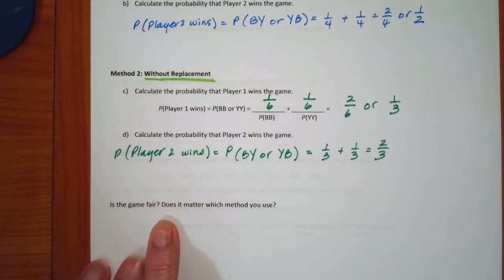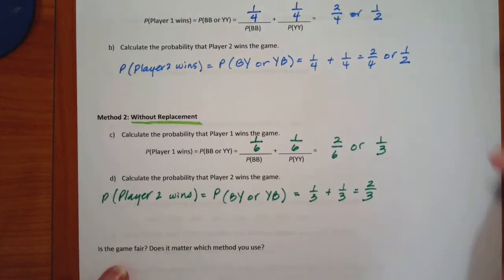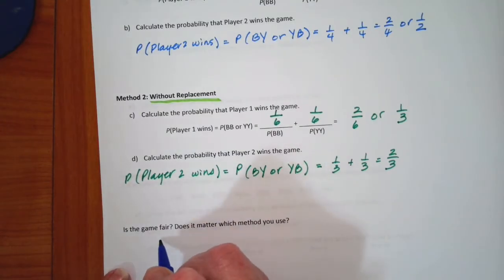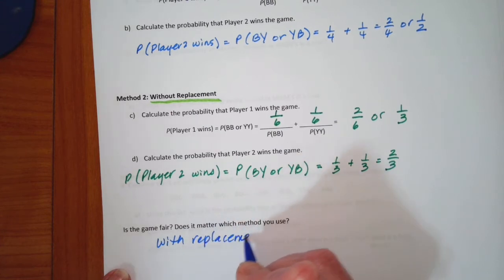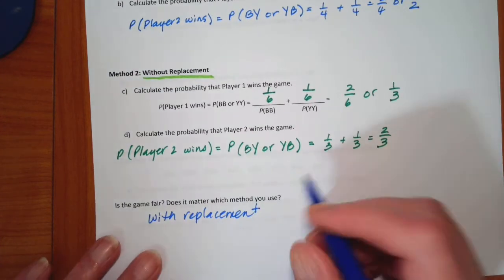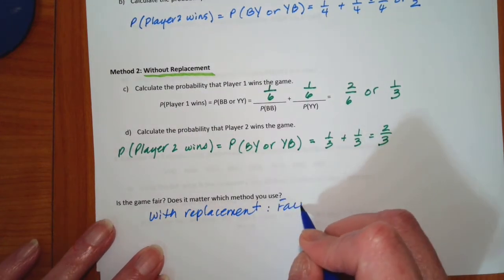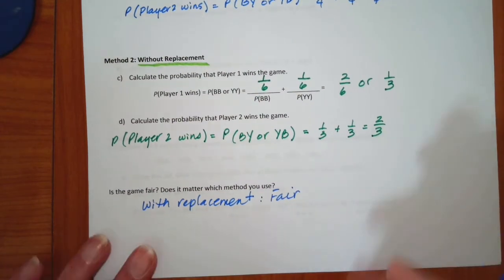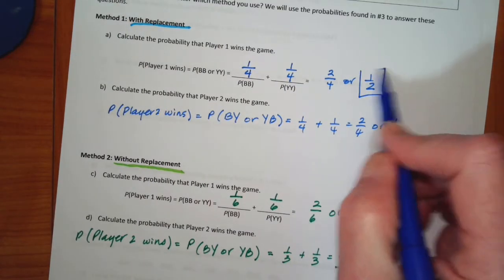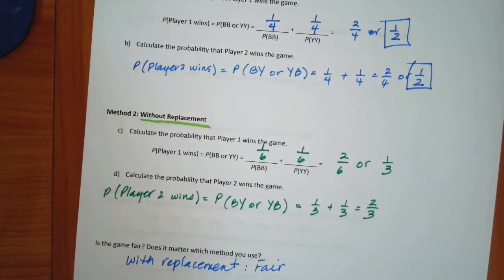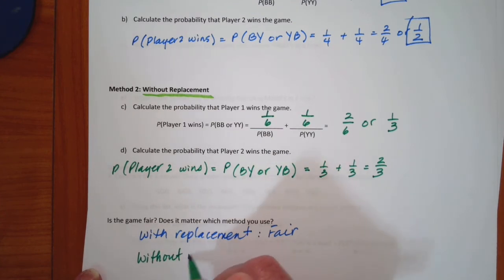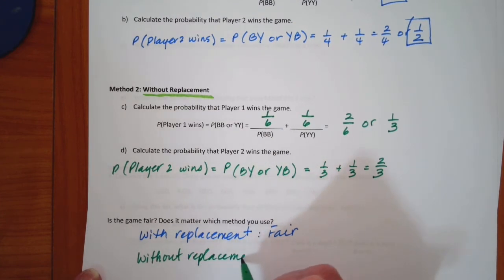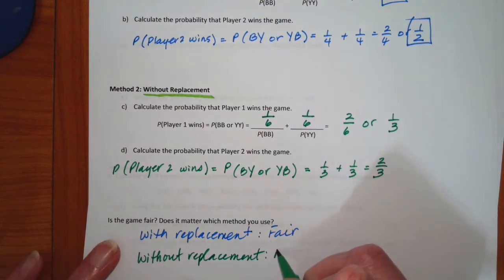Okay, is the game fair? Well, we have to compare the probabilities. So with replacement, it is fair. The probability for each player is 1/2. Without replacement, excuse me, it is not fair.